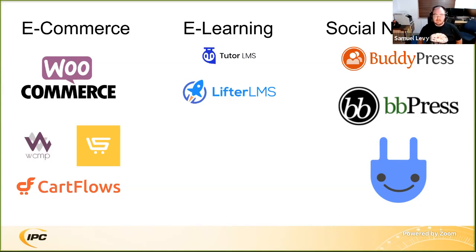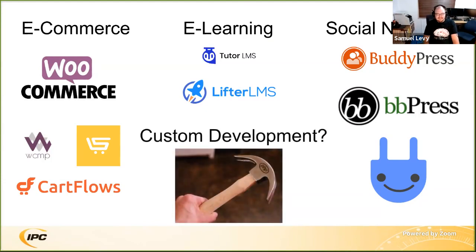Social networking, there's a whole bunch of plugins that do that. It's incredibly flexible. You can do a lot with WordPress just straight out of the box in a few plugins. Unless you want to start writing your own themes and plugins, then it gets a little bit more hairy.